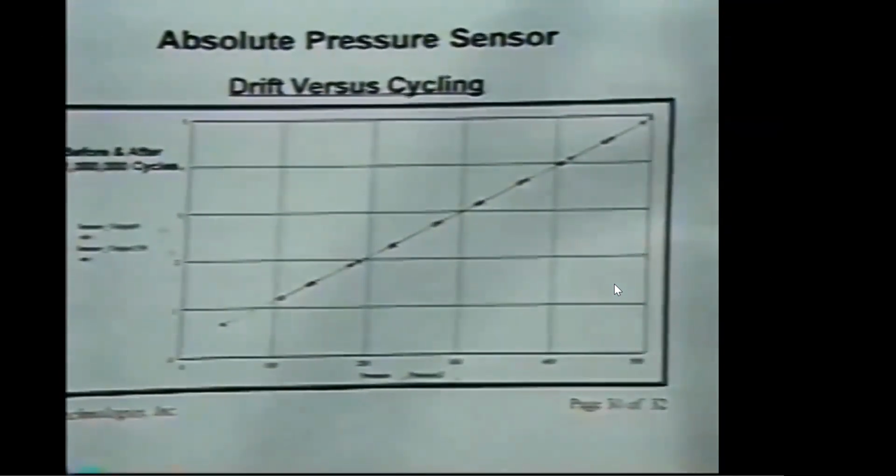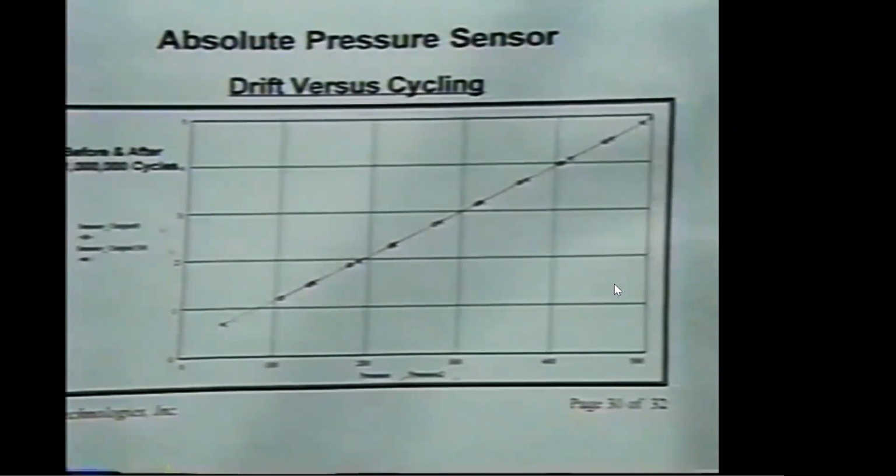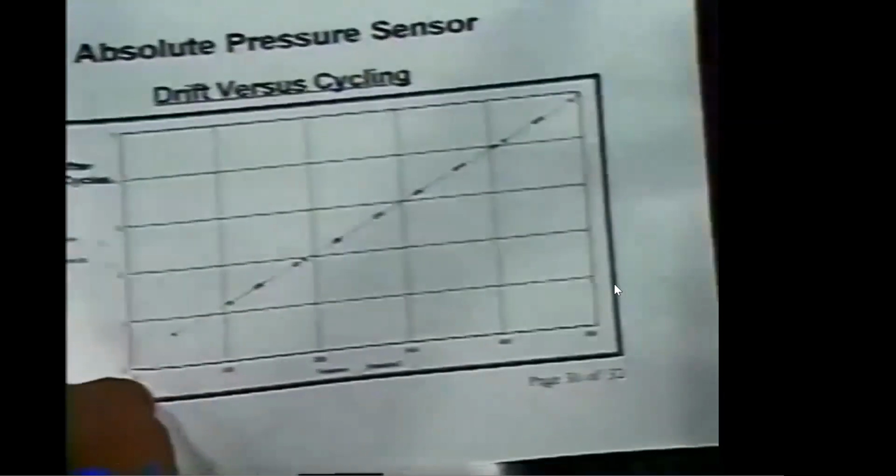What I show here is the results of output voltage over pressure for a 500 PSI pressure sensor before and after 1 million cycles of 500 PSI. And you can see, or at least it's fairly obvious, that the two curves line up almost one on top of the other. There's very little drift over 1 million cycles of operation.